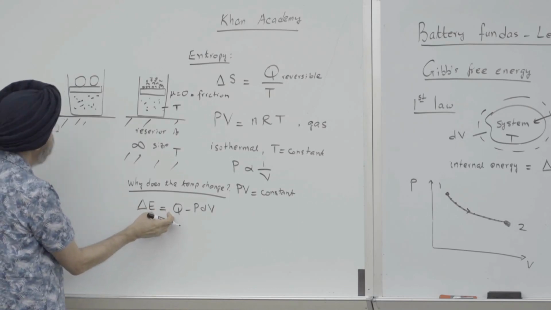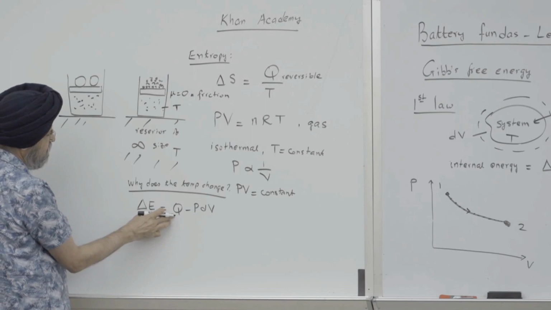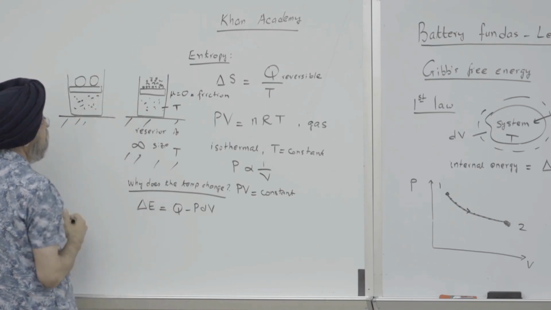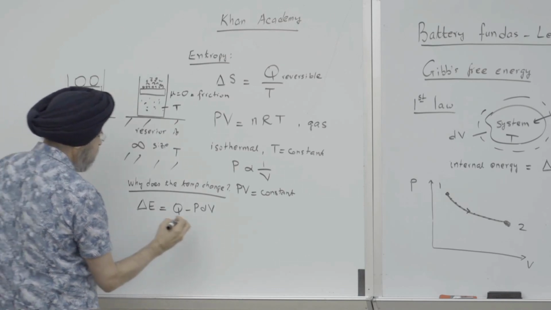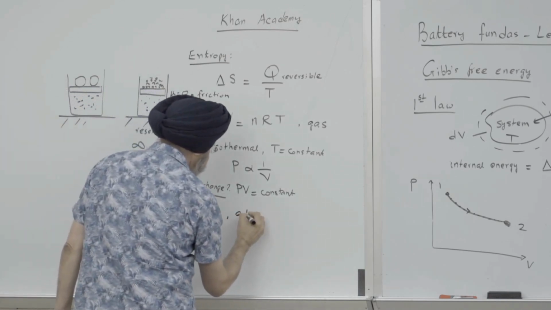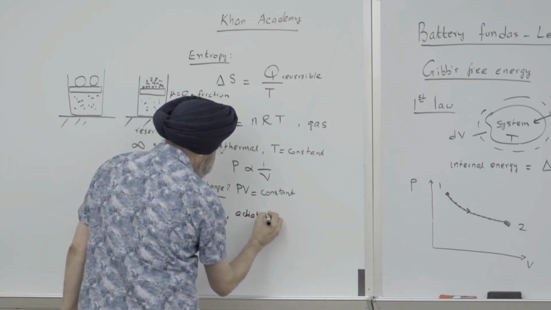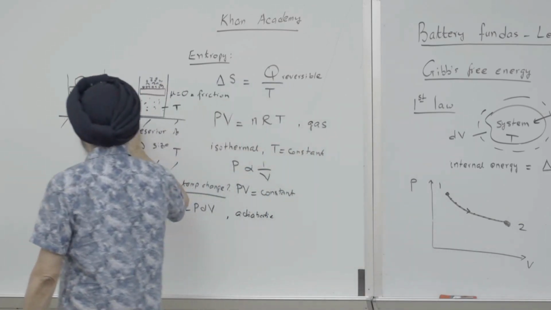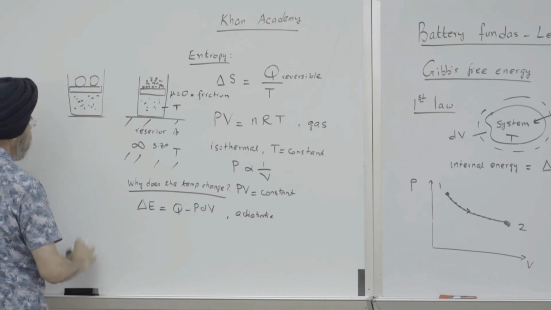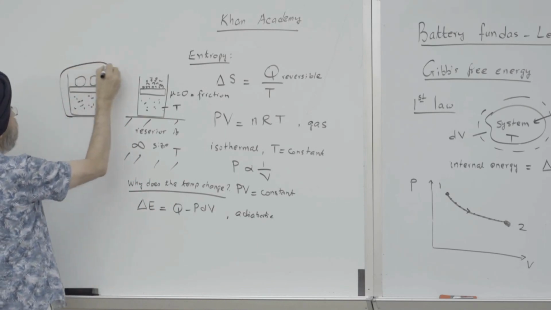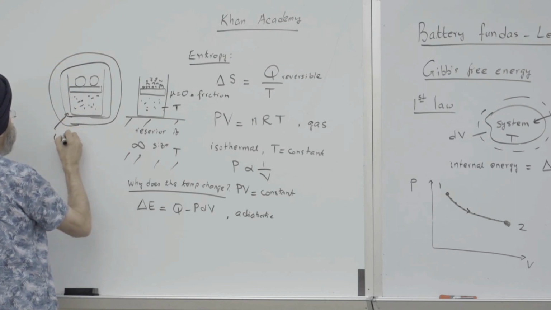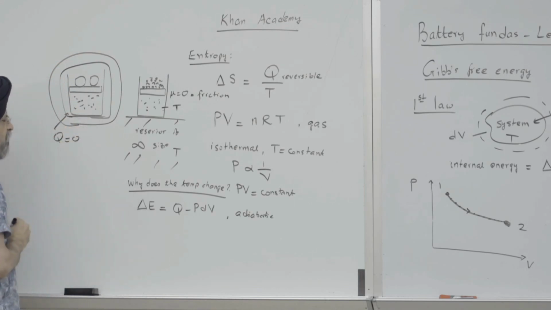And there is no Q coming from outside, so let's suppose we don't let Q come from outside, meaning we have an adiabatic process. So what we do is, instead of connecting to a reservoir, we surround this with a blanket. So no Q. So Q from surrounding is equal to 0.